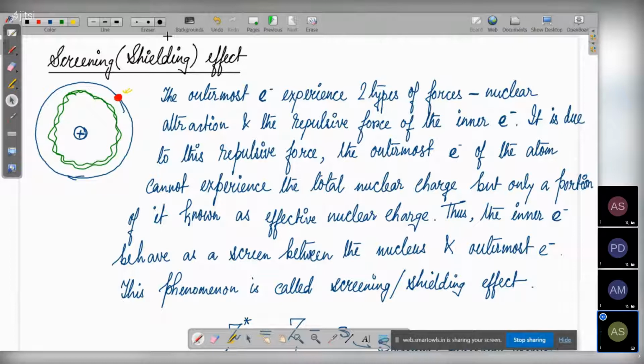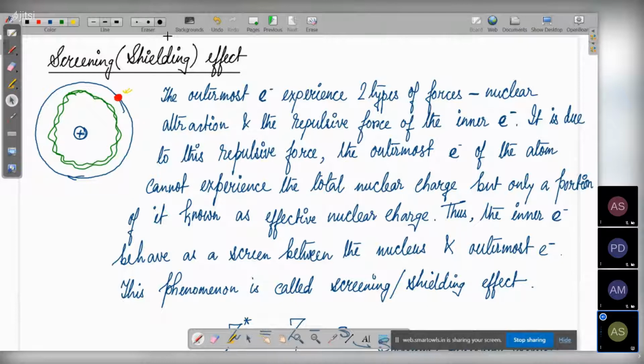So we can say that the electrons present inside, that is this inner electron, are behaving like a barrier or a shield. So it can be said that the inner electrons are behaving like a barrier or a screen or a shield. Between whom is it acting? Between the nucleus and the outermost electron.